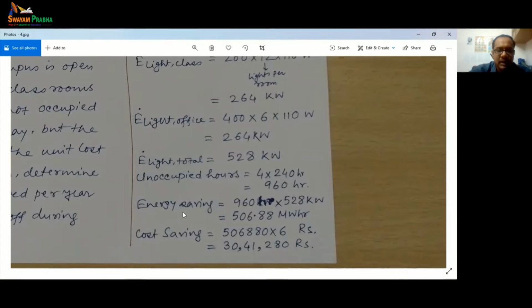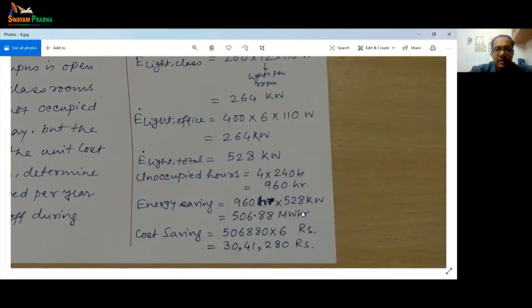So the total energy saving will be the multiplication of 960 hours and 528 kilowatt. That total comes out to be 506.88 megawatt hour. In kilowatt hour you get a very big number, that's why we have converted it into megawatt hour.